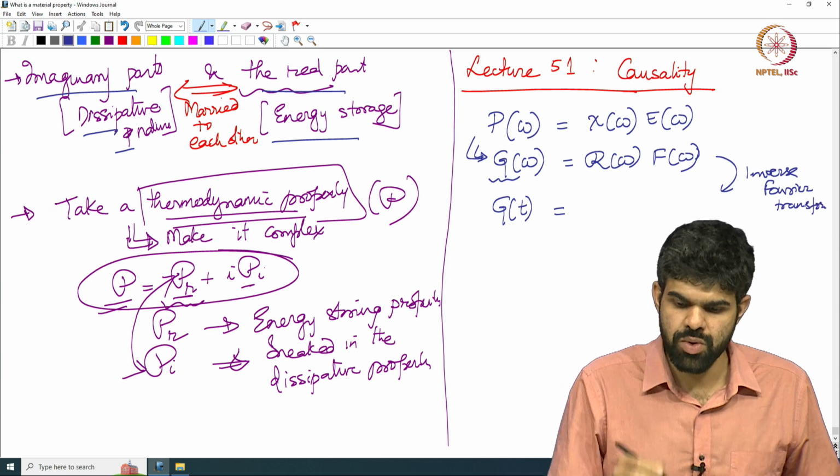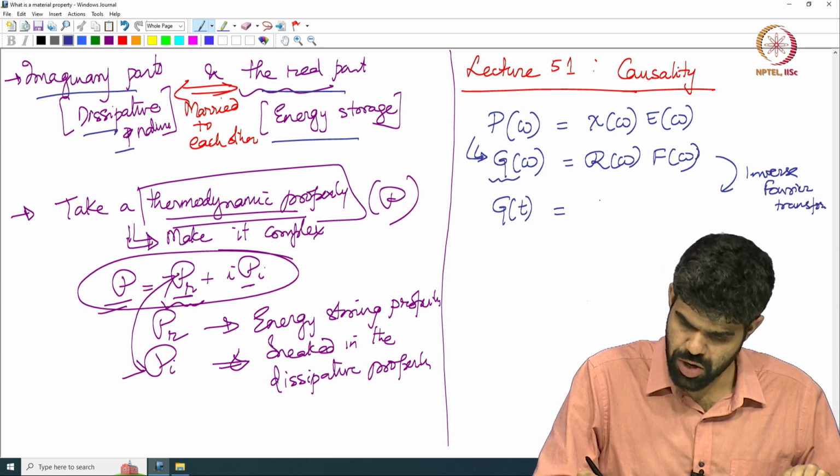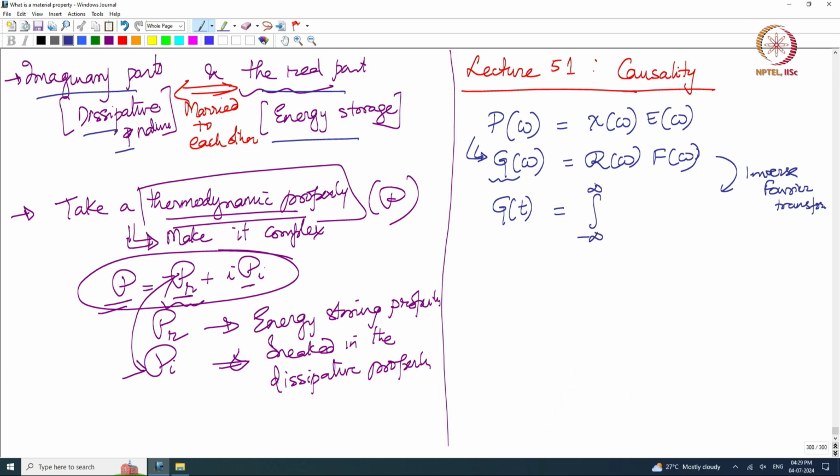Before I move on, we may want to observe that the inverse Fourier transform of a product is nothing but a convolution operation. So it's r of t convolved with f of t.